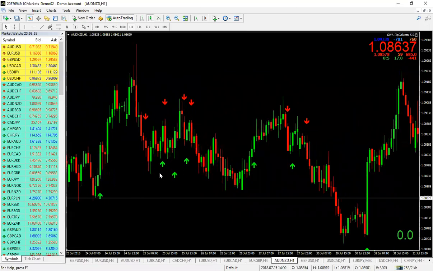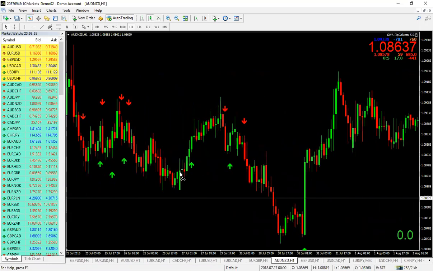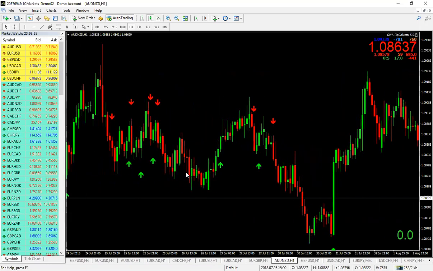What you have here, basically, you have the green and the red candles. Those of you who are used to indicators or perhaps various auto traders will know that the green arrow is for a buy, or giving you a signal for a buy.